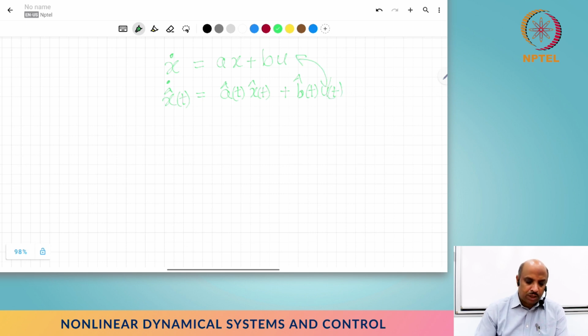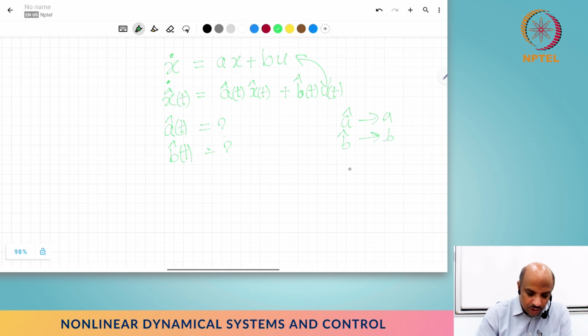The same input can be given if you can measure the input that is disturbing the system. So the question is basically, can I update my estimates such that a hat goes to a, b hat goes to b, and x hat goes to x? This is a time function, these are time functions, but these are constants. Okay, so how do we prove this?